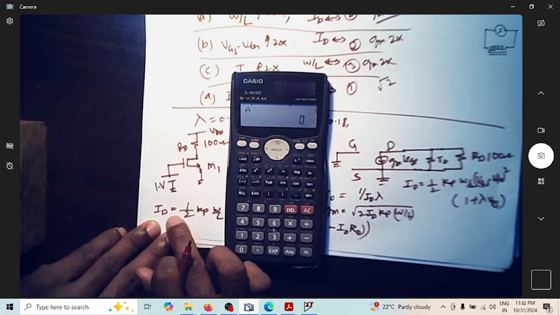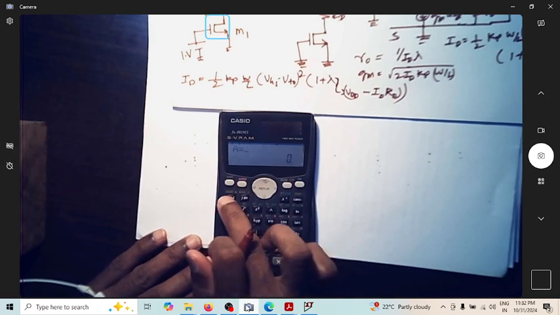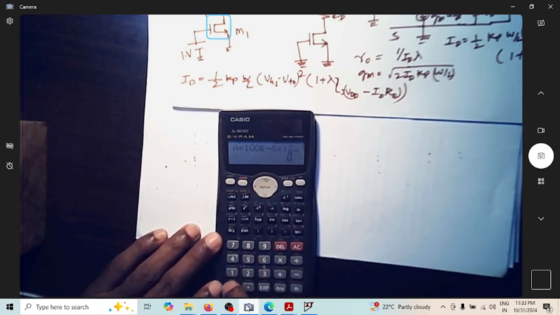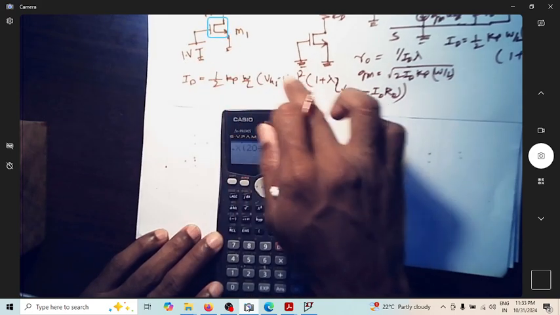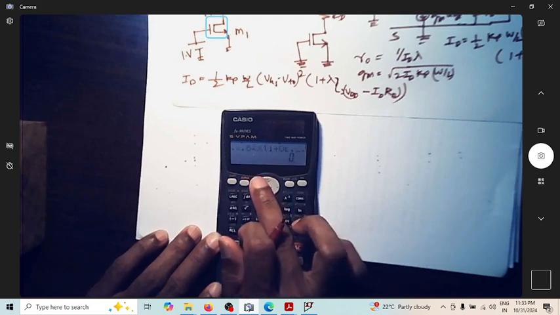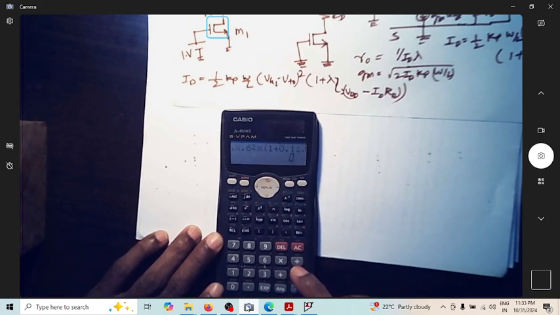So ID equals 100 exponential minus 6 into W by L, which is 20 divided by 0.18, that's given, into VGS which is 1 volt. 1 minus 0.4 is 0.6, squared, multiplied by (1 plus 0.1 into VDS), where VDS is 1.8 minus ID into 100.